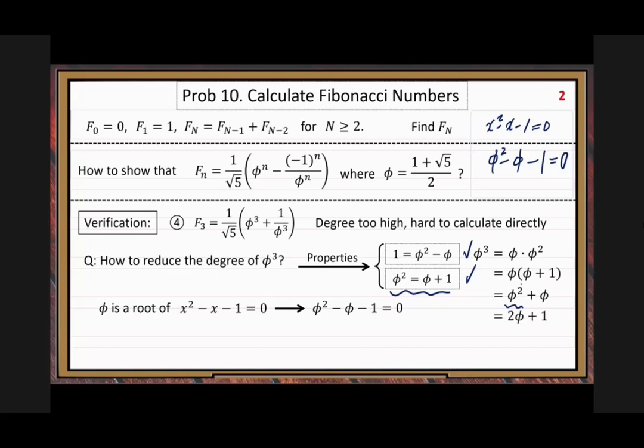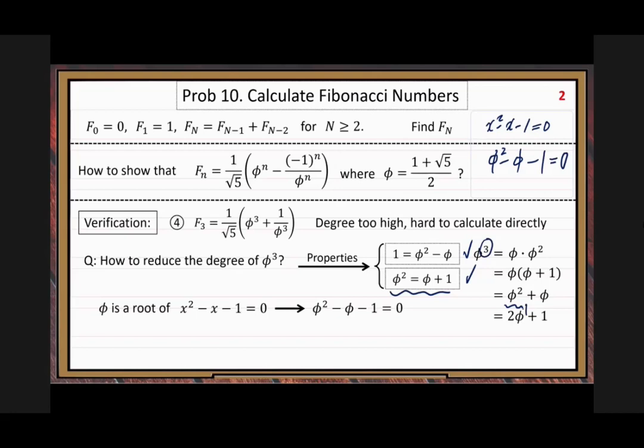And after we combine the terms, 2 phi plus 1. In this expression, you can see the degree becomes 1. So we lower the degree from 3 to 1. Original degree 3, here degree is 1. So let's leave it there.